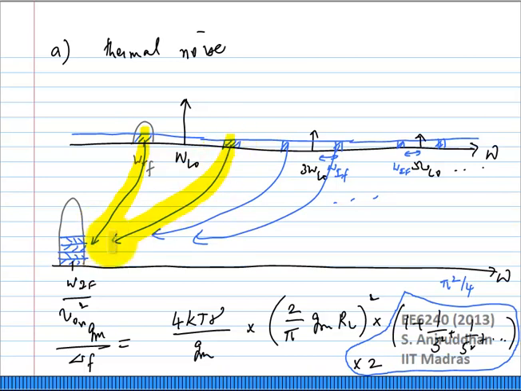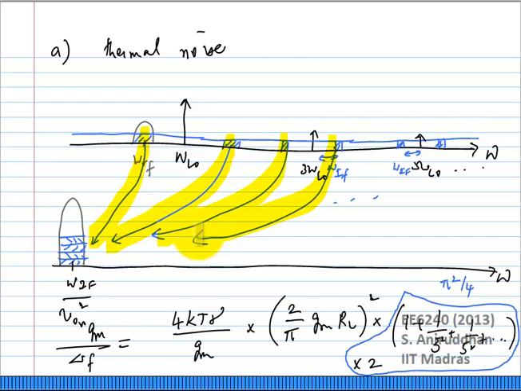Because the LO signal also has components at 3 omega LO, 5 omega LO and so on, you will also see noise from around those 3 omega LO and 5 omega LO components mixing down to IF.